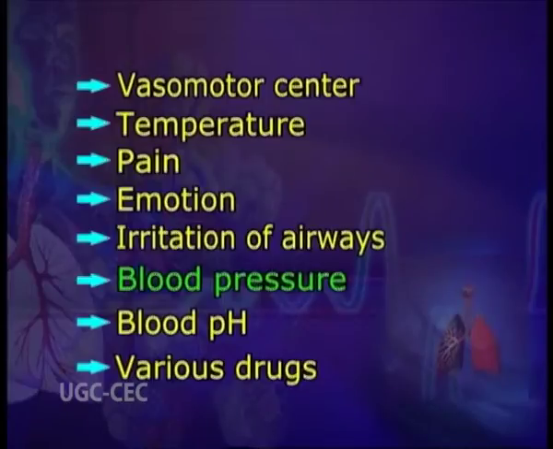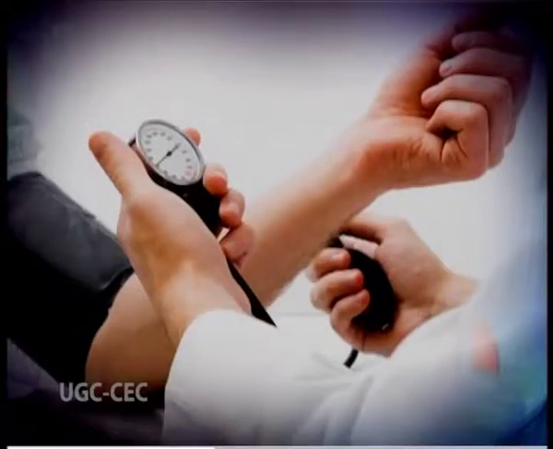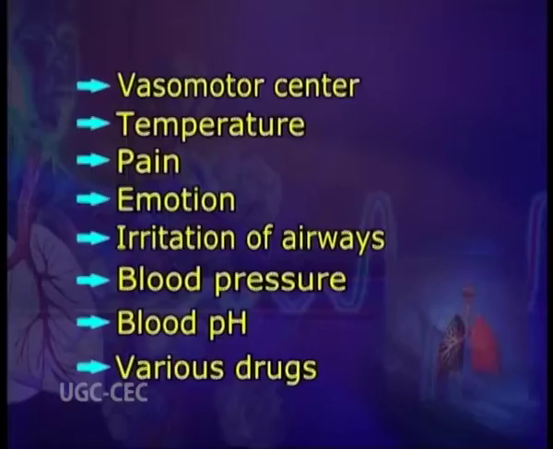Certain substances such as smoke and pollen, medical conditions and medicines can irritate the nasal passages or airways, and can induce coughing and sneezing. Blood pressure. A sudden decrease in blood pressure increases the ventilation rate, while the condition is reversed in high blood pressure.